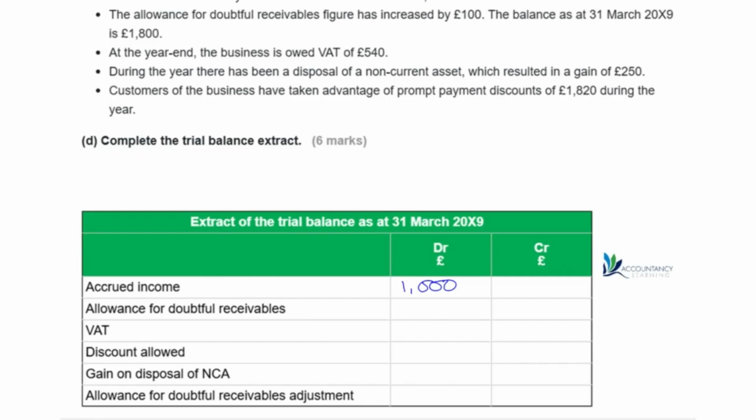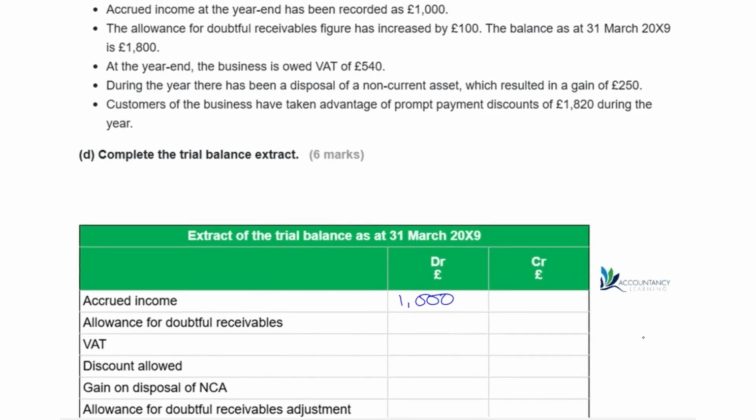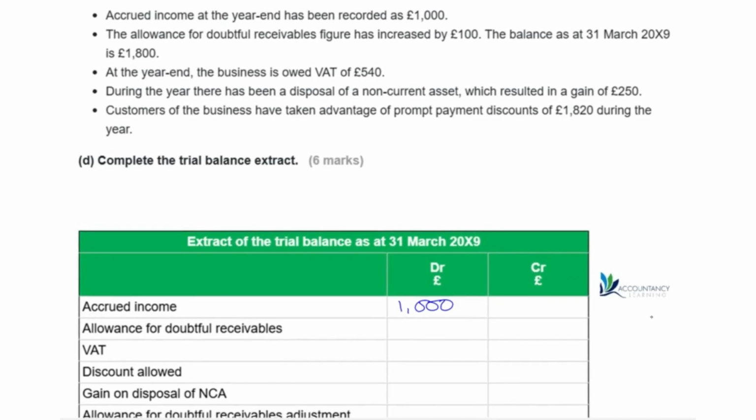The allowance for doubtful receivables figure has increased by 100. The balance as at the 31st of March 20X9 is 1,800. So be careful here because you're doing the year end and it's telling you that it's increased. This is the year end figure.